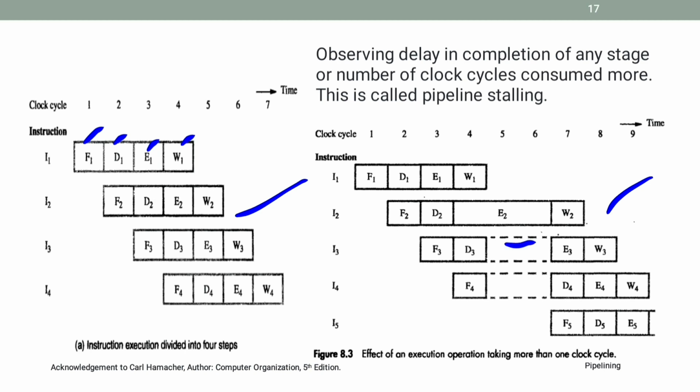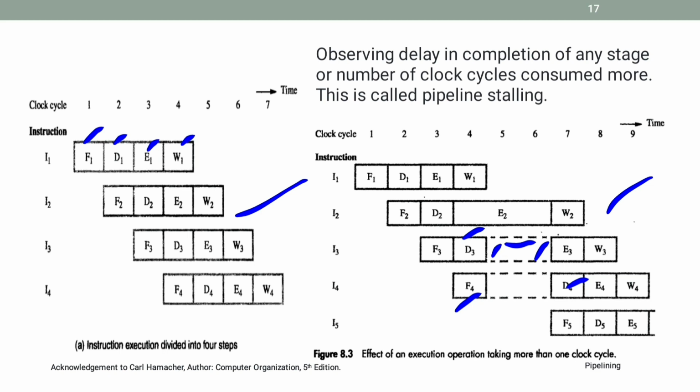Here, the decode phase of instruction 3 is delayed by 2 clock cycles. In 1 clock cycle it would have been over, but totally 3 clock cycles it is consuming, during which fetching of the 4th instruction is also done. Hence, decoding of the 4th instruction must wait for extra 2 clock cycles.